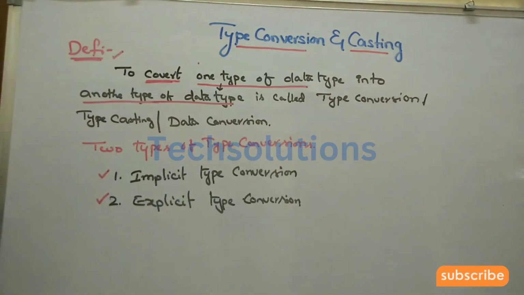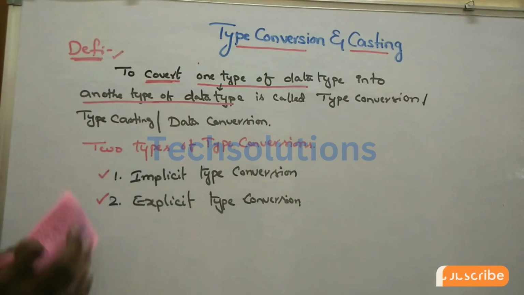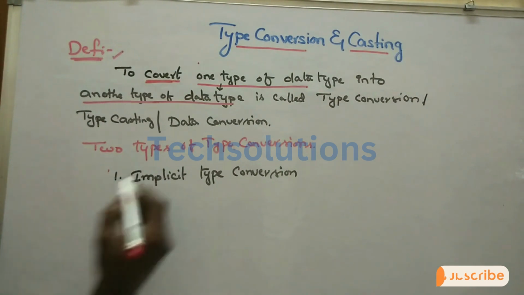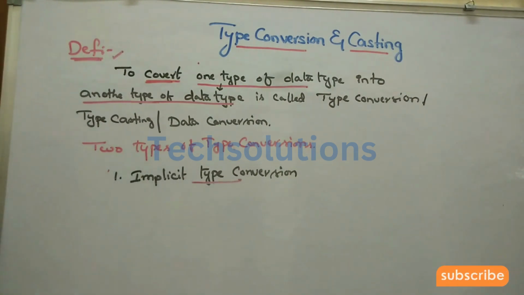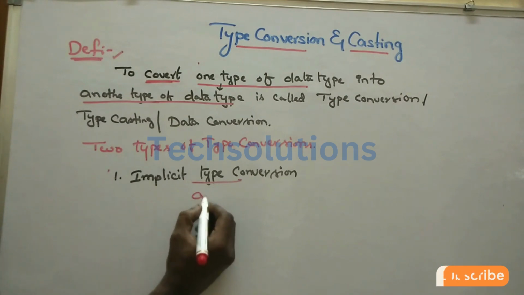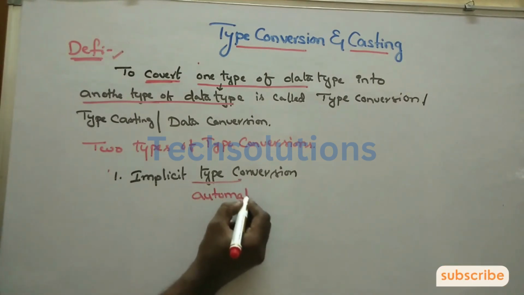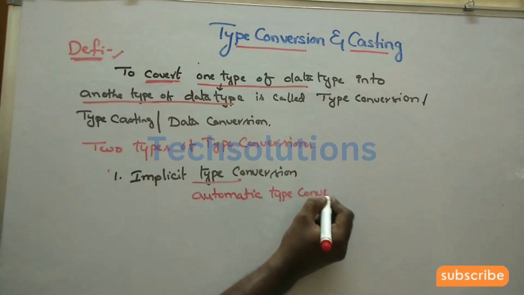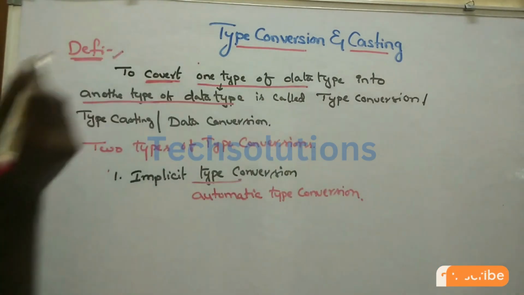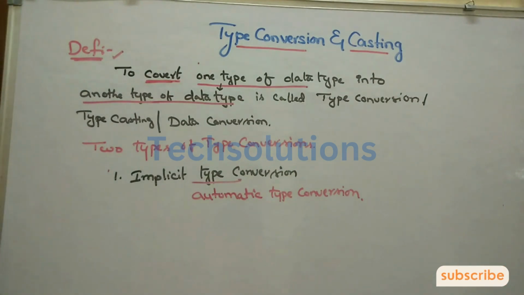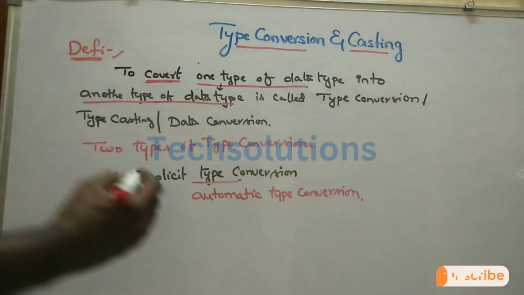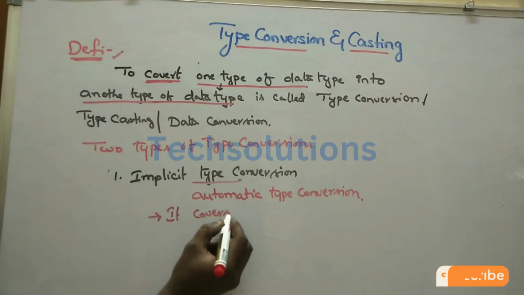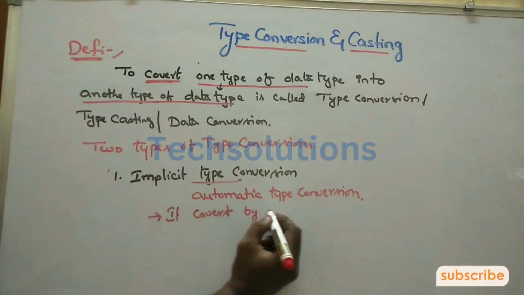Here the implicit type conversion is also called automatic type conversion, because it is converted by the compiler.